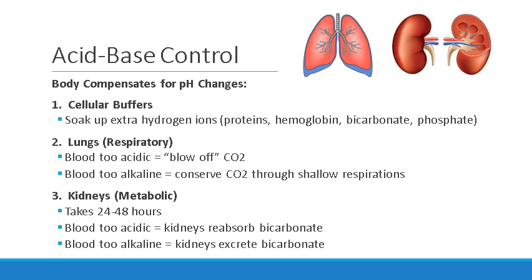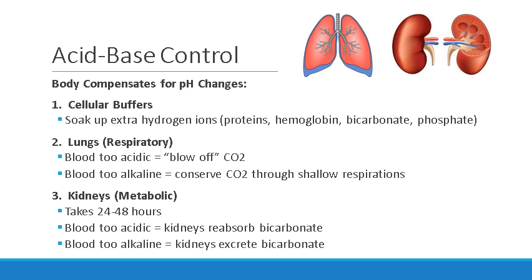If our blood is too alkaline, we try to conserve carbon dioxide through shallow respirations. So if somebody's acidic, they're almost in a hyperventilating type state. If somebody's alkaline, they aren't taking big, deep breaths. They're just shallow, slow breathing. That's how the body tries to compensate for abnormalities from a respiratory perspective.